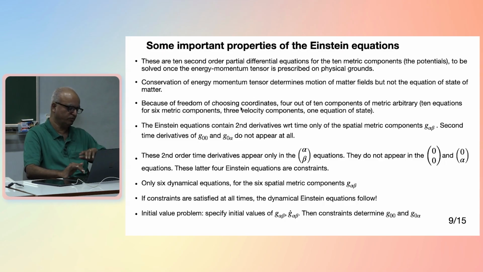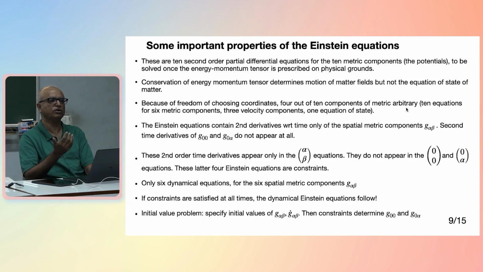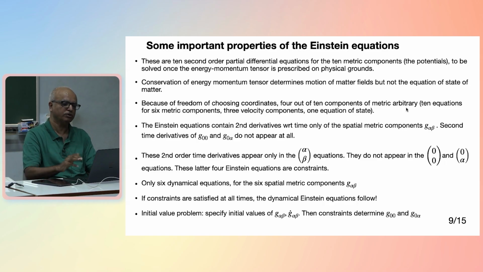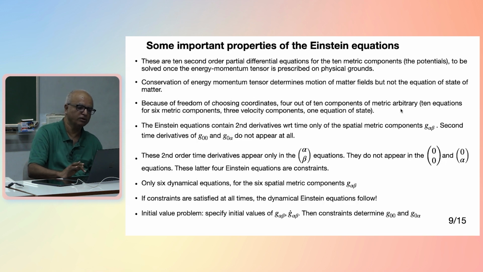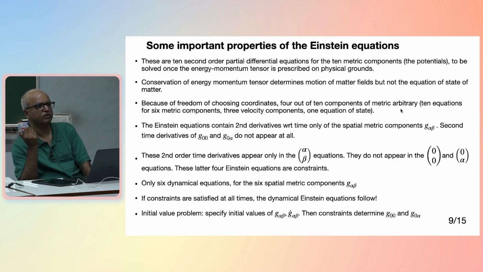Because of the freedom of choosing coordinates, 4 out of 10 components of the metric are arbitrary. You see that? I have a g_mu nu solution. I have 10 components. You can make 4 coordinate transformations. There is freedom in the choice of 4 of the 10 metric components. Which means the equations should also be a little restrictive. How many Einstein equations are there in 4D? 10, because g_mu nu has 10 components.